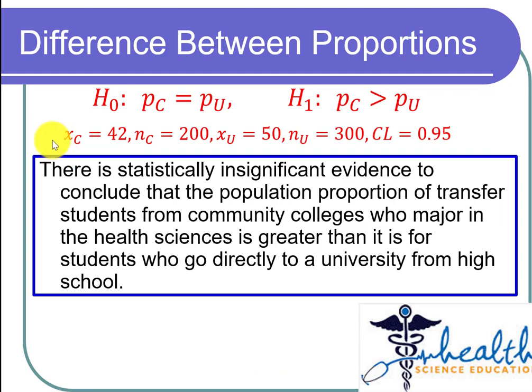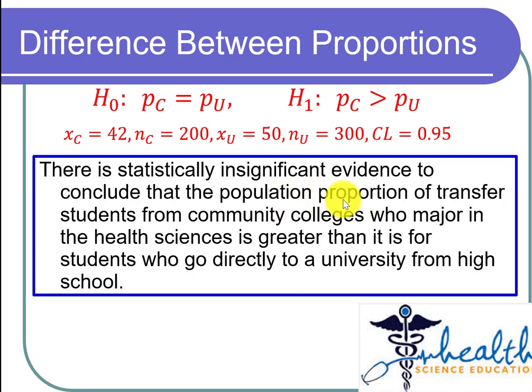All right, we had a p-value that was much bigger than the 5%. So we can conclude that there is statistically insignificant evidence. When the p-value is high, we get insignificant evidence to conclude that the population proportion, notice we're not talking about the samples, we're talking about the entire population of all community college students and all students that come right from the high school.